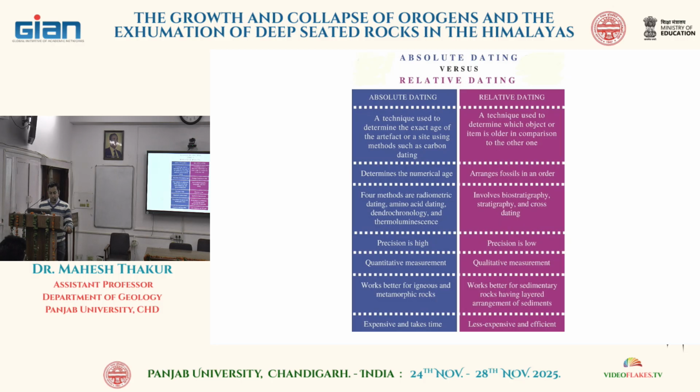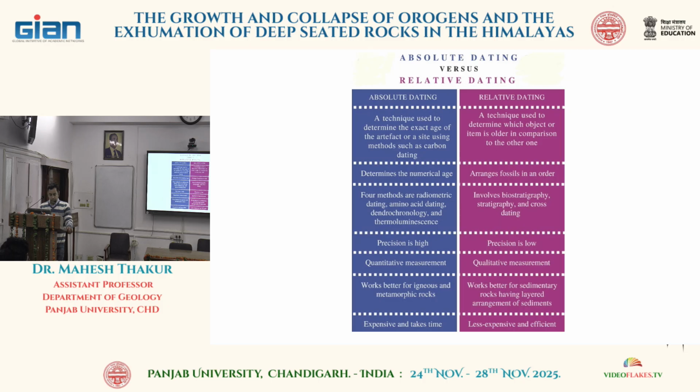Absolute dating methods are radiometric dating, amino acid dating, dendrochronology, and thermoluminescence. Relative dating involves biostratigraphy, stratigraphy, and cross dating. Precision is high in absolute dating and low in relative dating: quantitative measurement versus qualitative measurement.